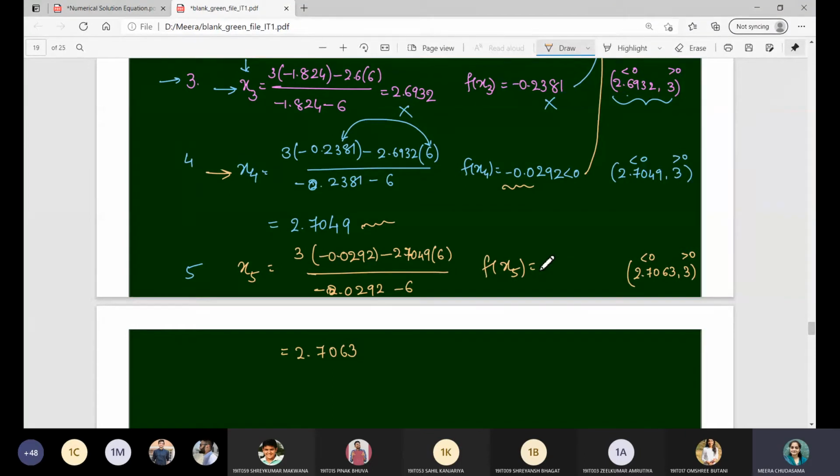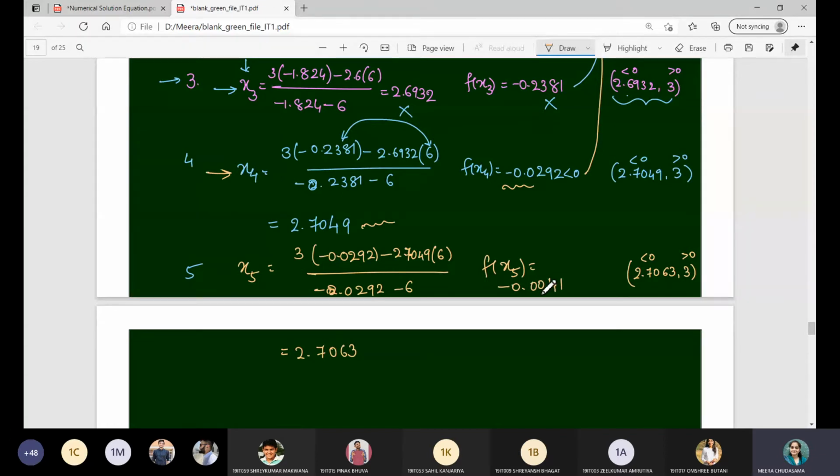Minus 0.0041. All of you are getting this answer? Yes, ma'am. Right. So the interval is now this one. Very good. So let us consider now the next iteration.